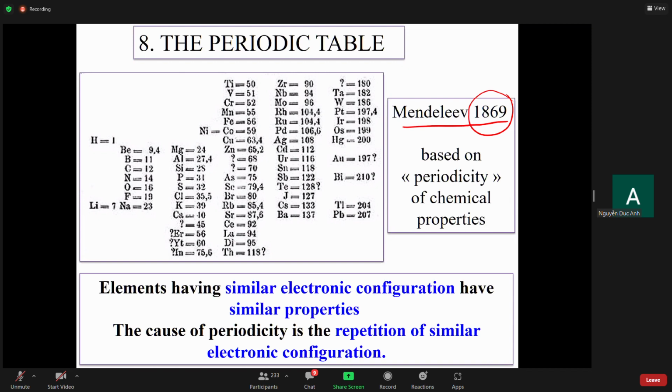We call this the periodicity of chemical properties.